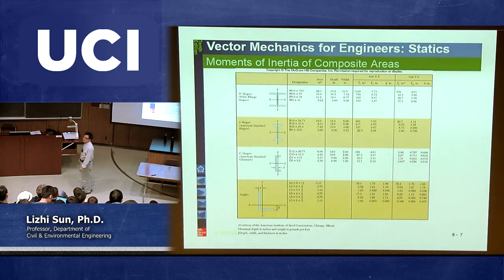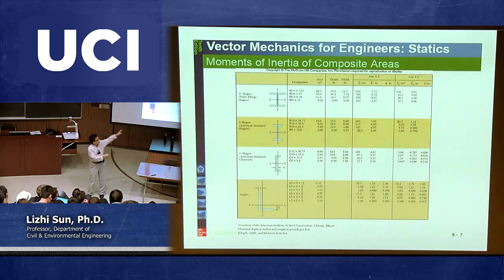Then the question is, are we going to have some kind of question in the final asking you to do something like this, the combination? Well, think about it. I can define a certain section like S10 by 25 or W8 by 31, and give you that chart, and then you still need to do it.